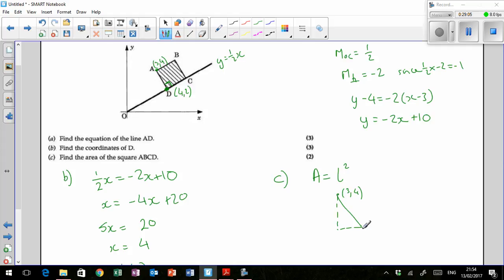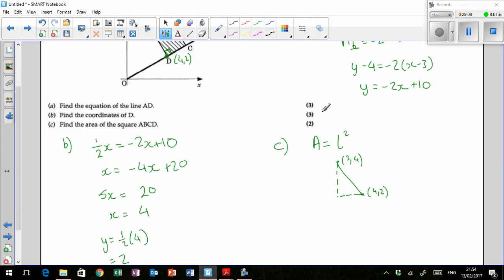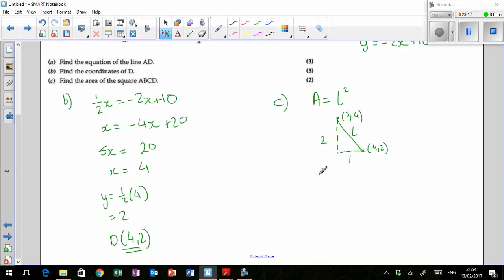We know the point at the bottom here is 4, 2. Looking along the x direction between 3 and 4 is 1 space. Y direction between 2 and 4 is 2 spaces. So the length is the root of 2 squared add 1 squared. So that's 4 add 1, which is 5. So that's root 5. So the area is root 5 squared, which is just 5 units squared.